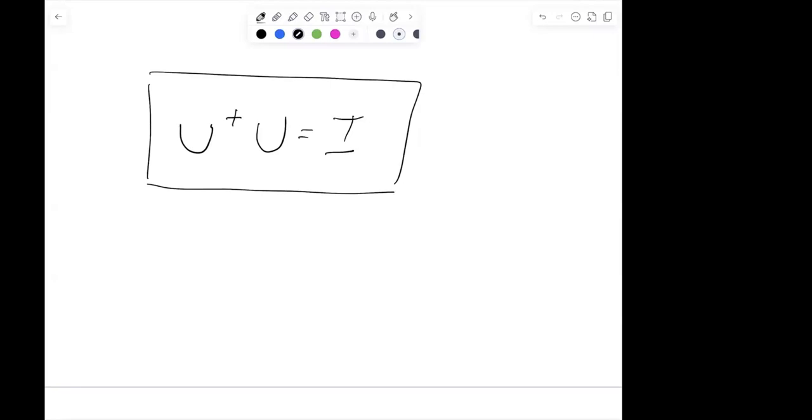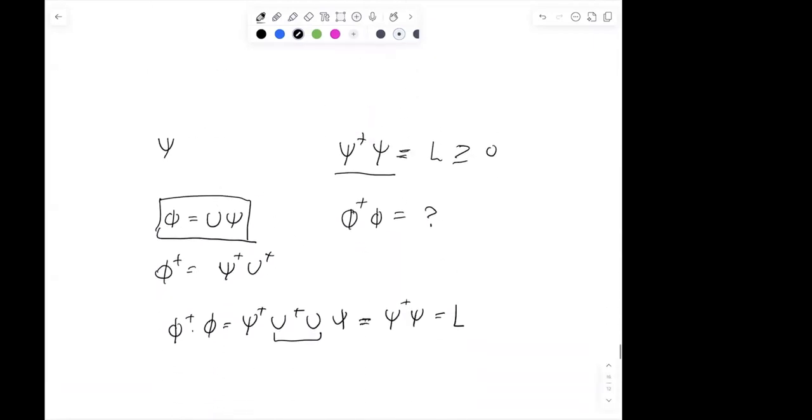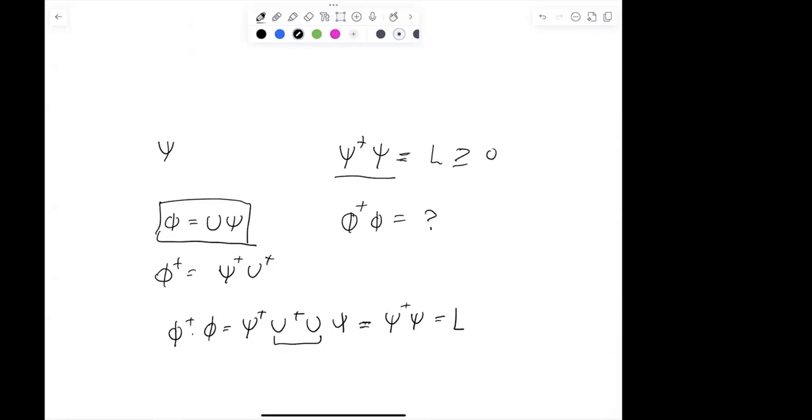And what I want to show very easily and simply is what is really the nature of a unitary matrix, and it's what we see here. So we said that we have a certain vector, a wave function, which is called psi, and we all agree that if we multiply it by its Hermitian conjugate, we'll get the length of this vector, and it has to be a number which is larger than 0.